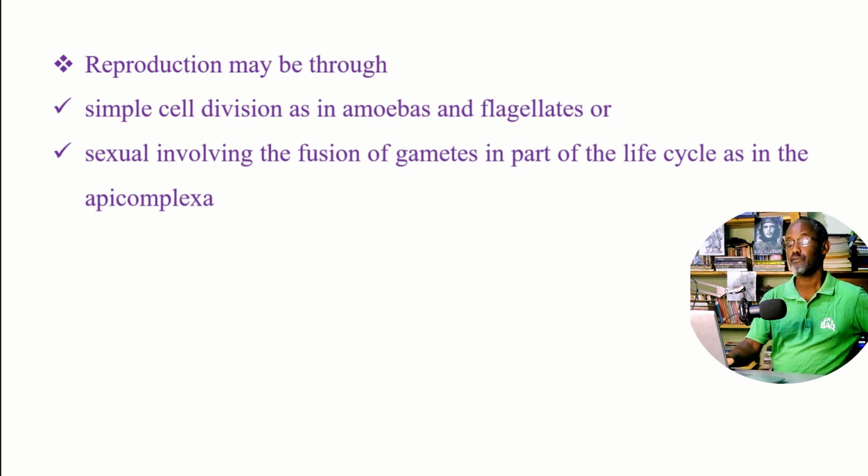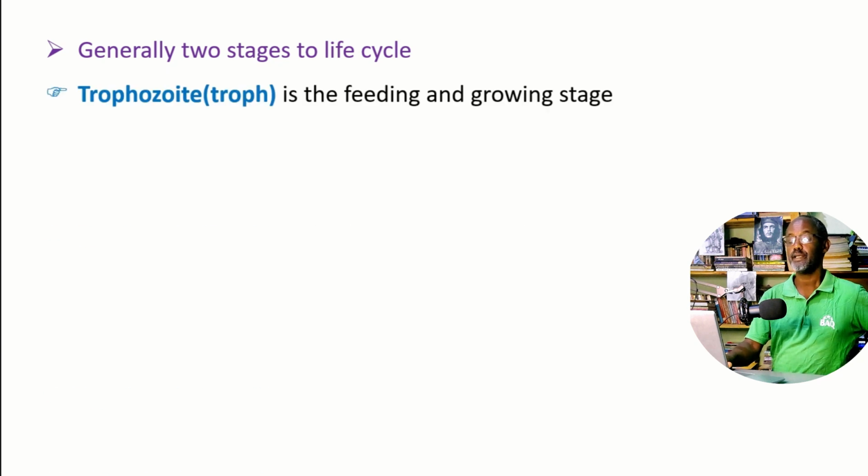It could be sexual, involving the fusion of gametes in part of the life cycle, as in the Apicomplexa. They do have a sexual stage and an asexual stage. Generally, they have two stages in their life cycle. One is the trophozoite form, the actively feeding, growing, reproducing stage, the full cell.